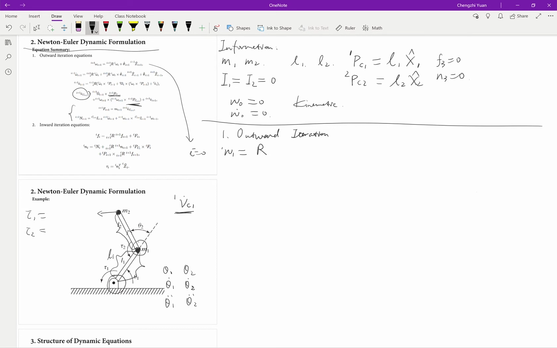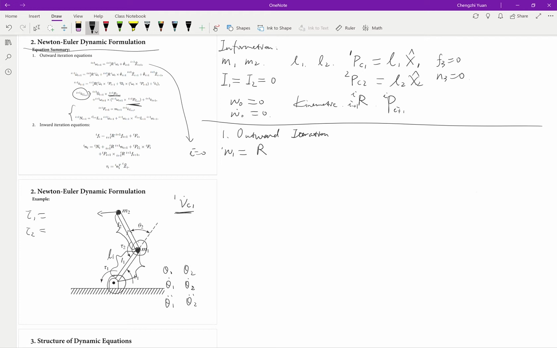In the kinematics, we know the rotation matrix from frame i to frame i+1, and we also know the translation vectors, p i+1 i. Suppose we know all this information.